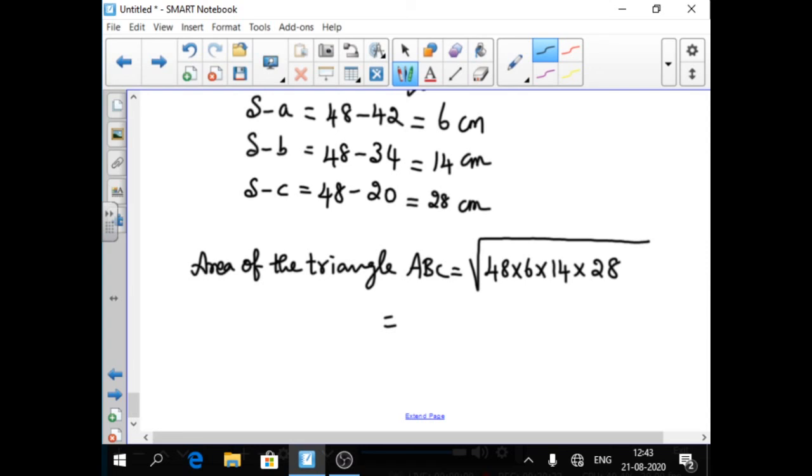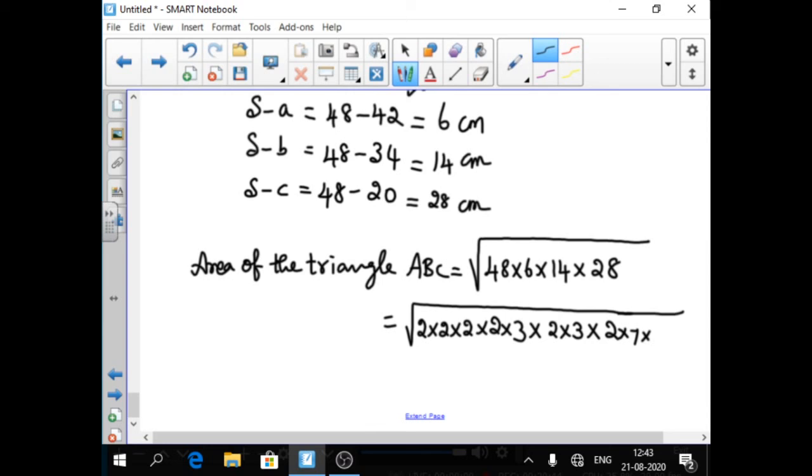So 48 can be split as 8 6s are 48 nu pirikalama. So 8 6s are 48, means 2 into 2 into 2, then 6 ku 2 into 3, okay va. Then next 6 ku again 2 into 3, then 14 is 2 into 7, then 28, 4 7s are 28, so 2 into 7, okay.